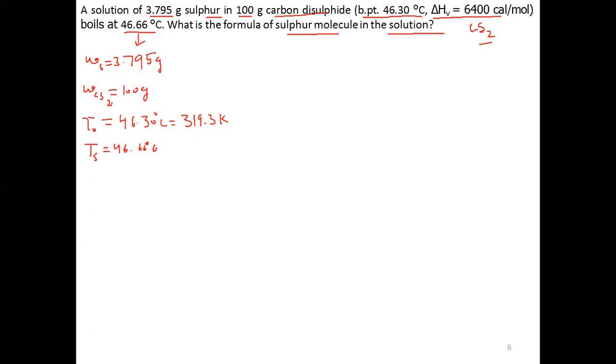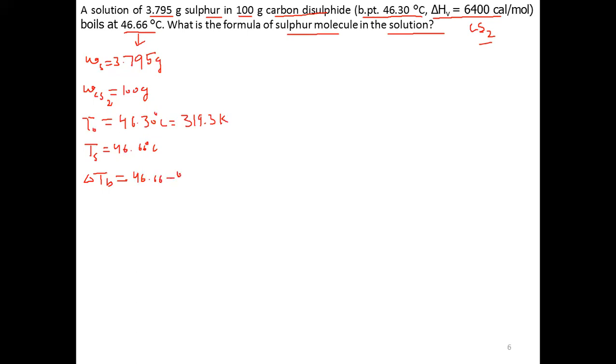46.66 degrees Celsius. So I again mention, to calculate delta Tb, there is no need to change the units because the difference will be same. So delta Tb is boiling point of solution minus boiling point of pure solvent. It is 46.66 minus 46.30.